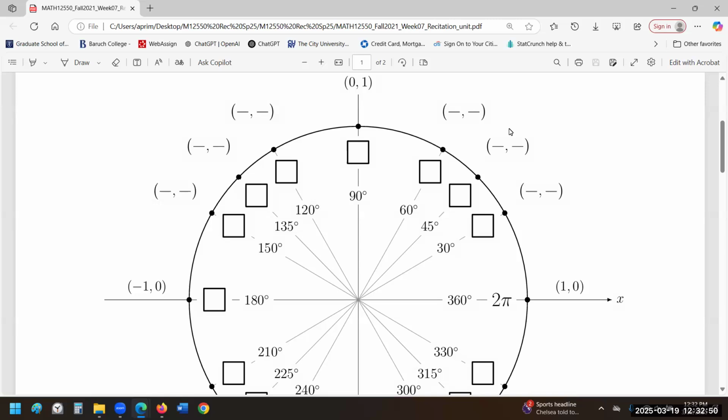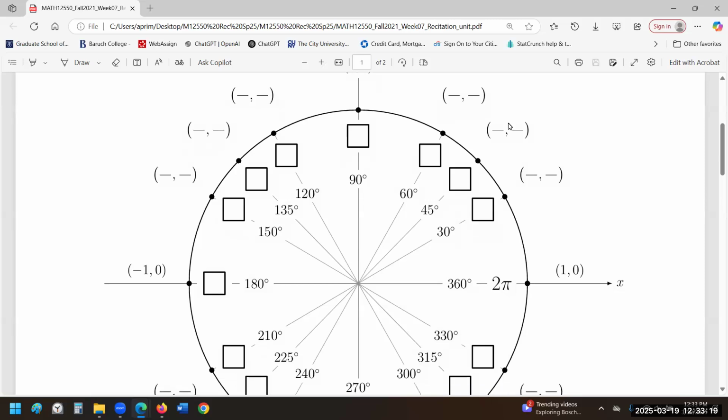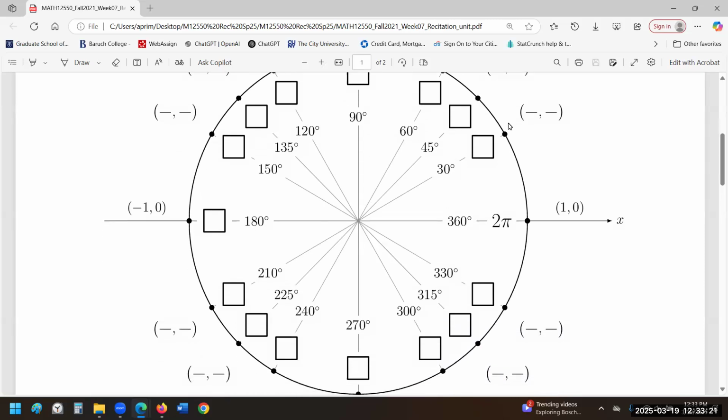In the unit circle, we can have both measurements. In trigonometry, you have two types of measurement. One is in degree measurement and one is in radian measurement. In the unit circle, we can put both of them together, and based on what you are trying to find, you can find any angles from the unit circle.